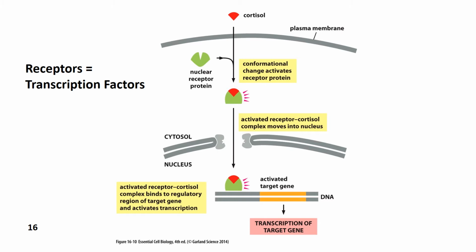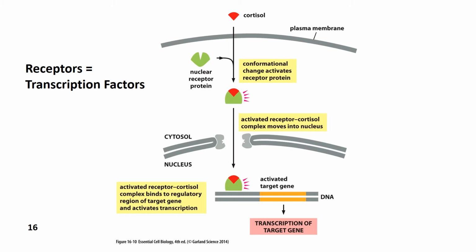Here, cortisol is able to freely diffuse through the cell membrane and binds to the receptor transcription factor in the cytoplasm. Cortisol binding to the receptor in the cytoplasm induces a conformational change in that receptor such that a nuclear localization signal is exposed.